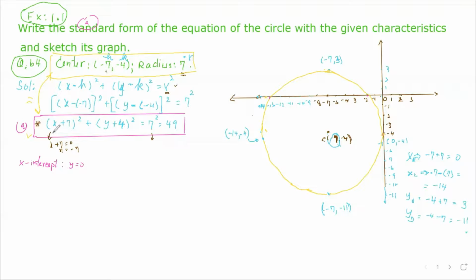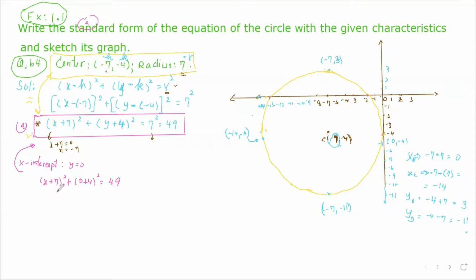So in this case, you just work in the standard form, the pink one here. So you replace y equal to 0 here. This one just replace in the formula. So we have x plus 7 power 2, plus y becomes 0, correct? Replace by 0, plus 4, the whole thing power 2 equal to 49, right? Okay.